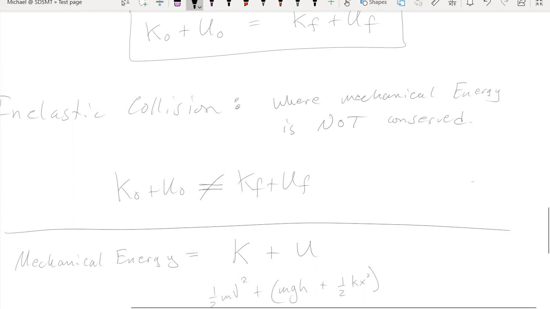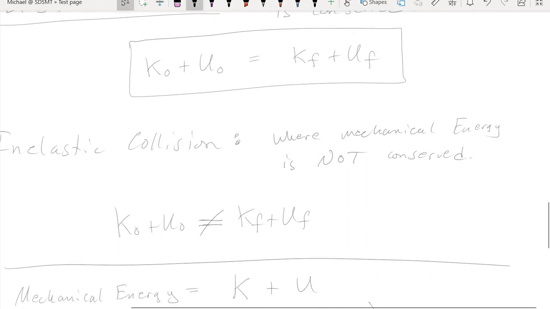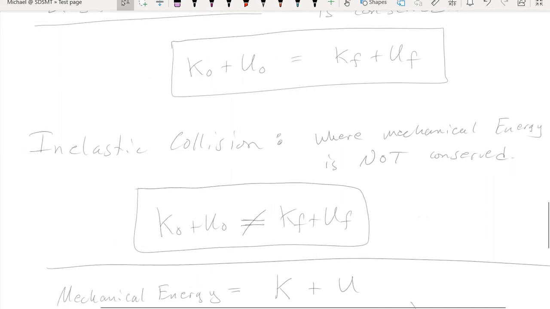And an inequality is pretty much useless in any kind of mathematical expression, because there's only one way to make an equality work. There are a lot of different ways that you can make an inequality work. But this is how we will be able to test to see if a collision is in fact elastic or inelastic.